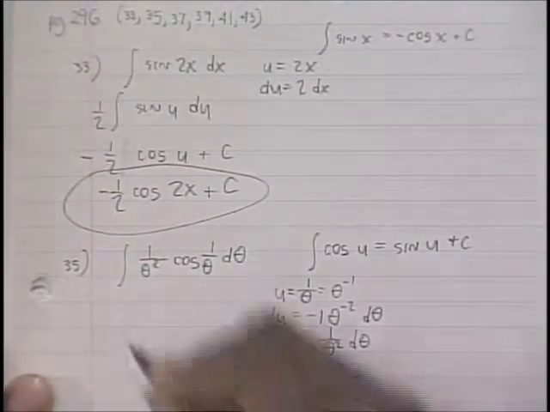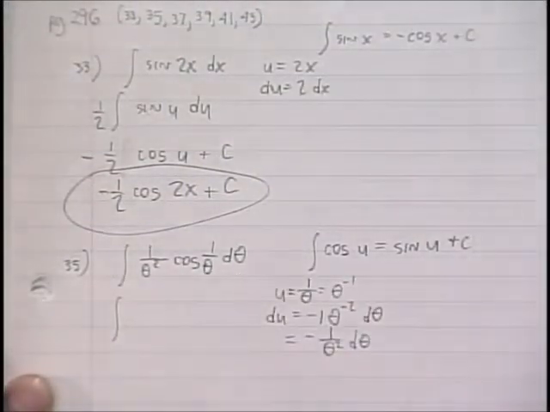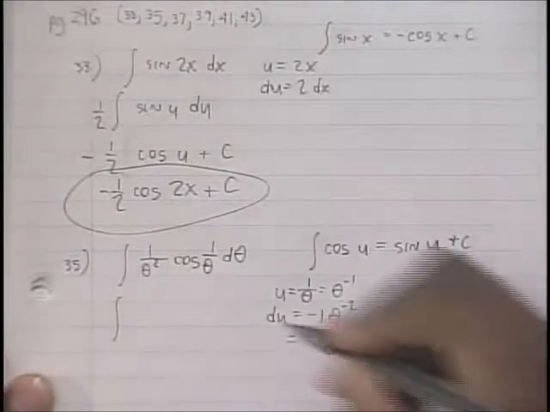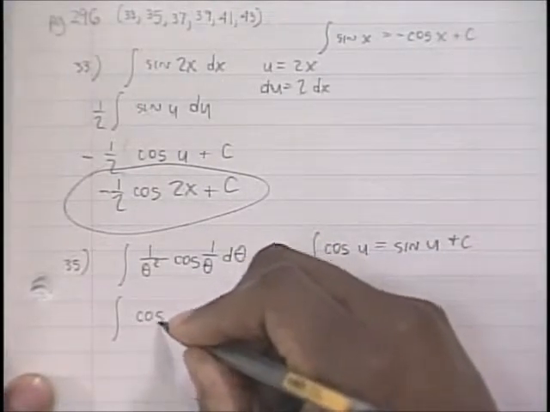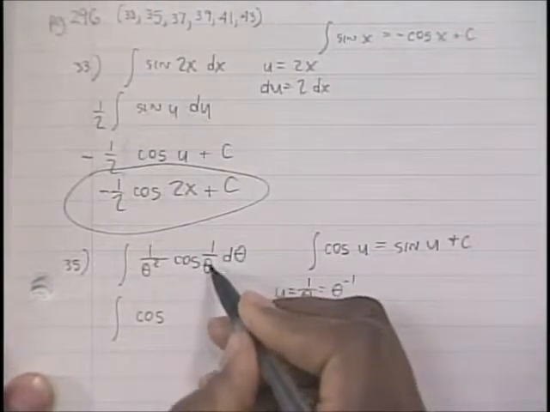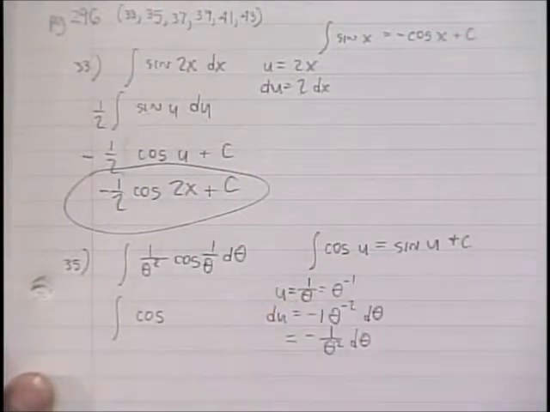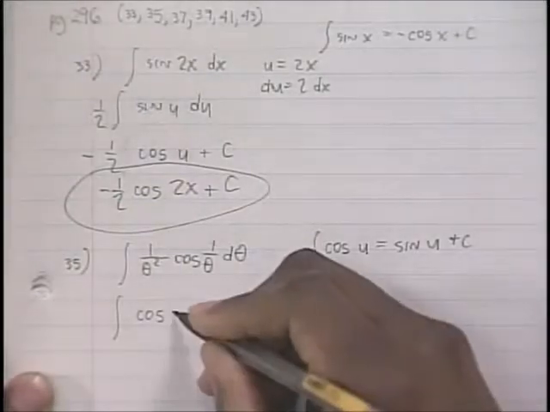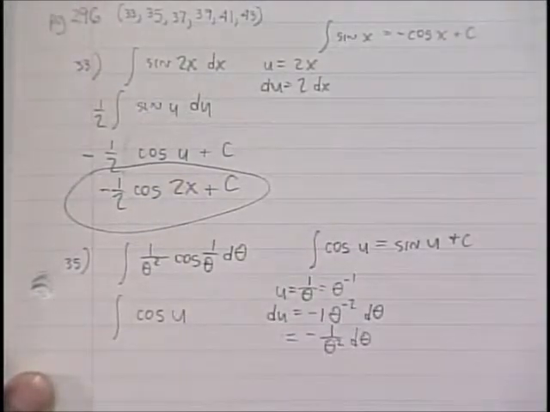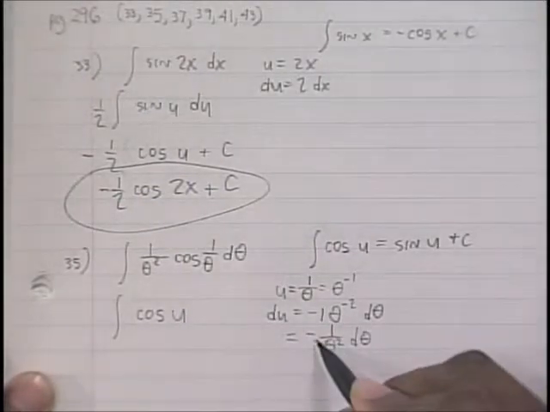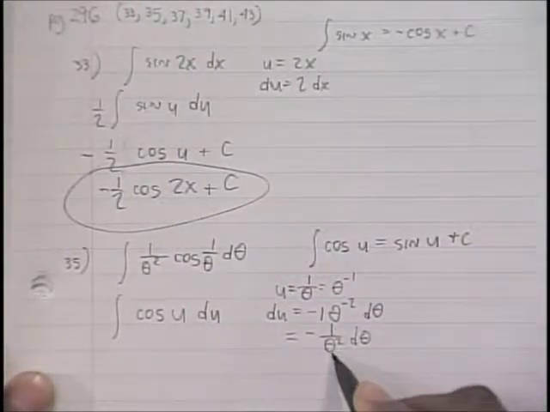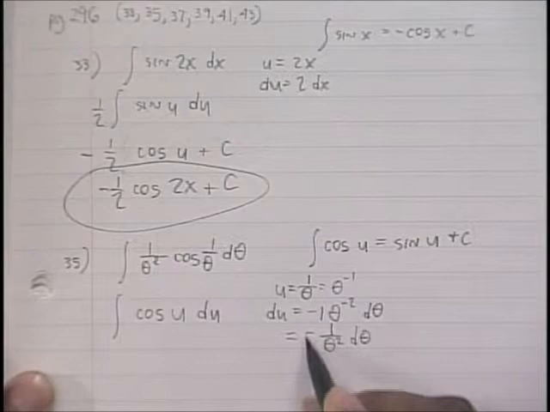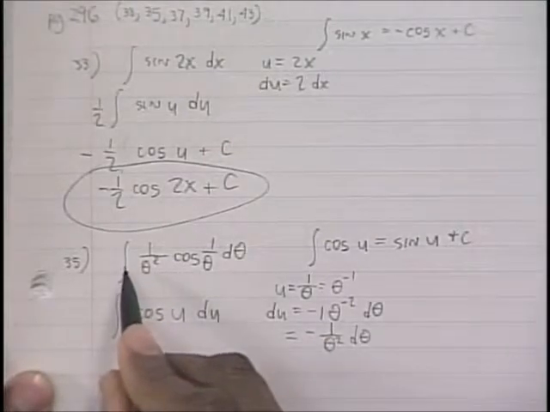So now what you can do is take the antiderivative of cosine of 1 over theta, which we called cosine of u. And then over here you have du being negative 1 over theta squared, where you don't want that negative. That negative is not in this problem.